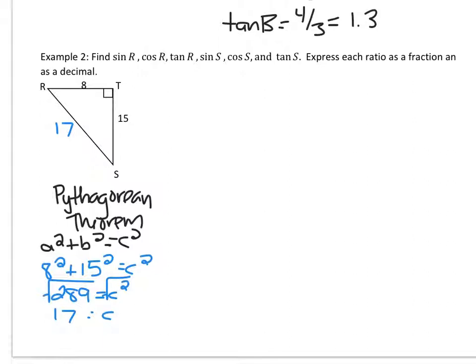Now we can find everything else. So sine of r, cosine of r, tangent of r. So let's look at r. So for r, our opposite side will be 15. Hypotenuse is always going to be 17. And 8 is our adjacent. So directly across from r is 15. Touching r and not the hypotenuse is 8. And then directly across from our right angle is 17.